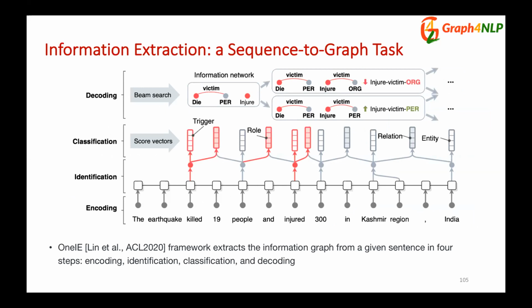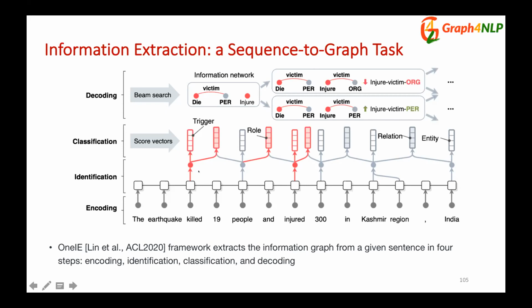The conventional way to do this using deep learning is to simply do a sequence to graph conversion. Basically you encode a sentence as a sequence, and then you decode the graph from the sentence. You can probably see there are several limitations here.